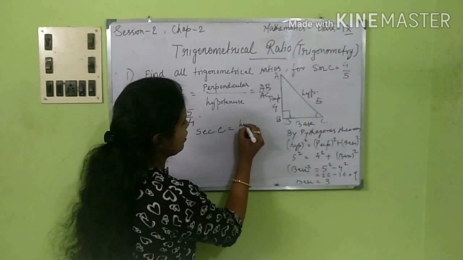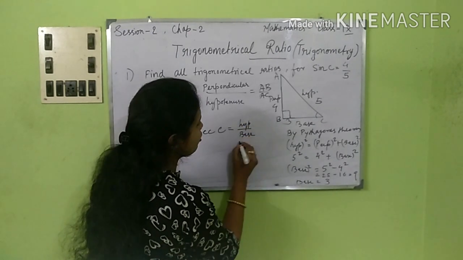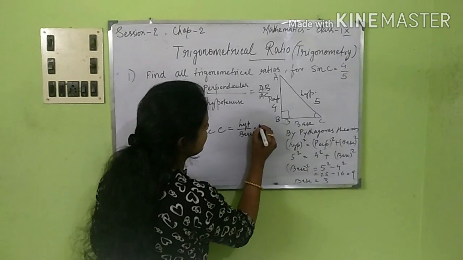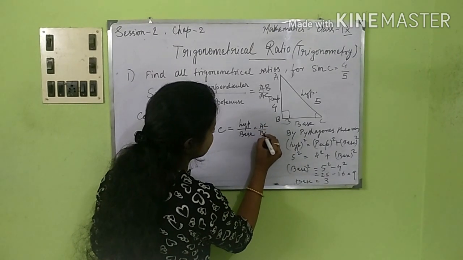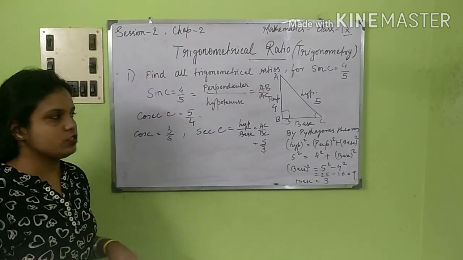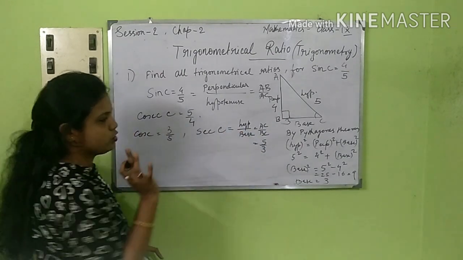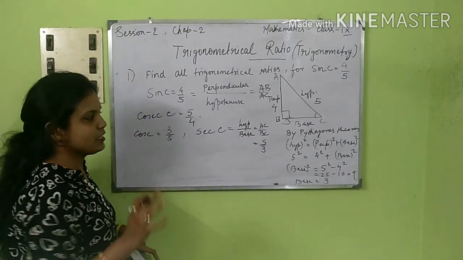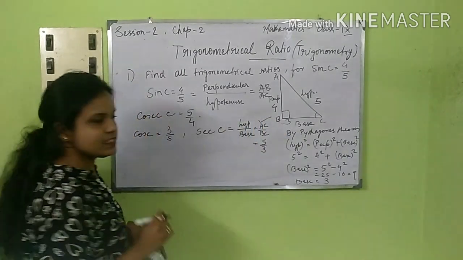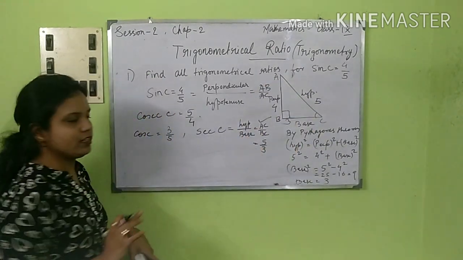That means we are going to write hypotenuse by base in this way. Or you can also write like this, that is AC by BC, that is 5 by 3. This way also you can write. Either you write this or you write hypotenuse by base. Any one of them you are going to write. It's better if you select this and write. That is, just write the sides and then write the value.